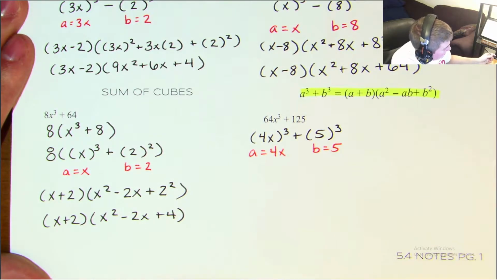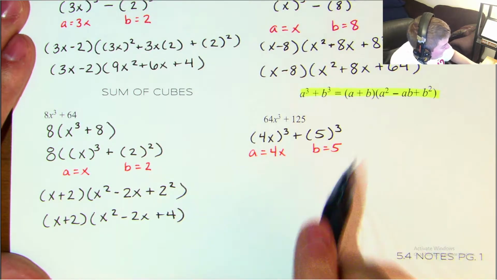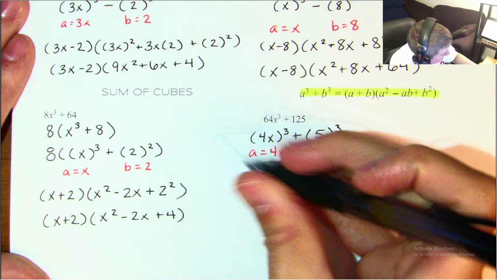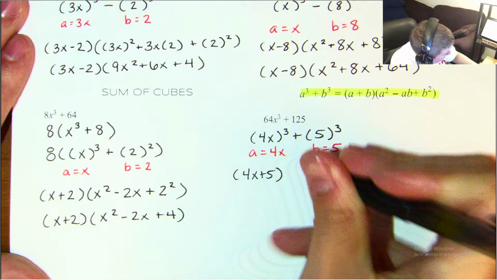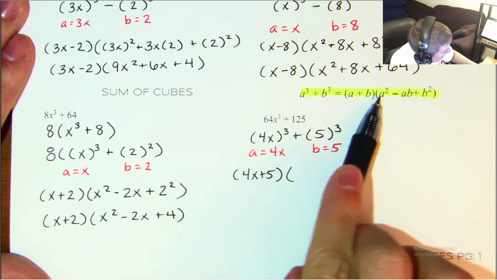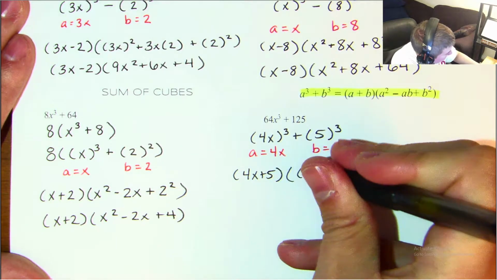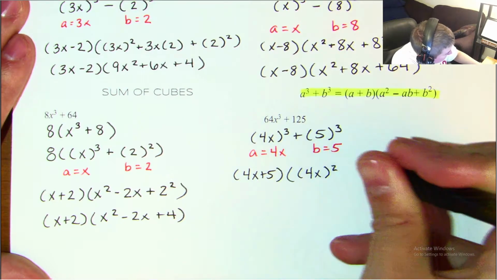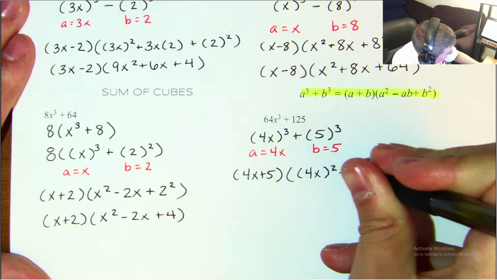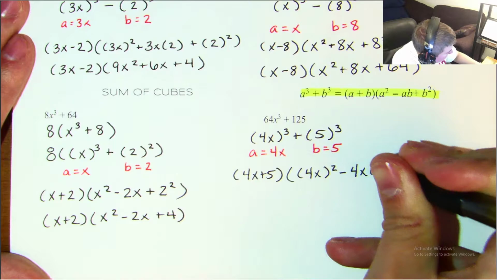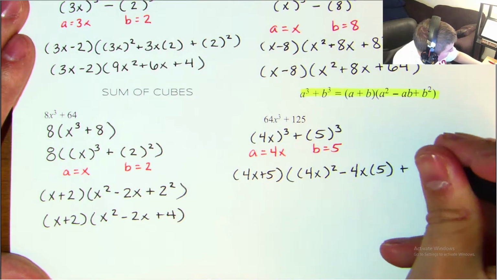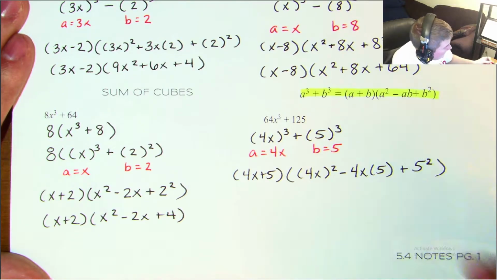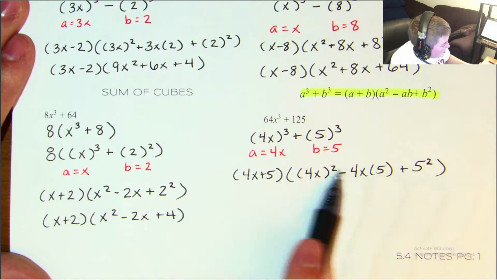So a plus b, so 4x plus 5, times a squared, so 4x squared, minus a times b, 4x times 5, plus b squared. And this is going to need to be simplified.